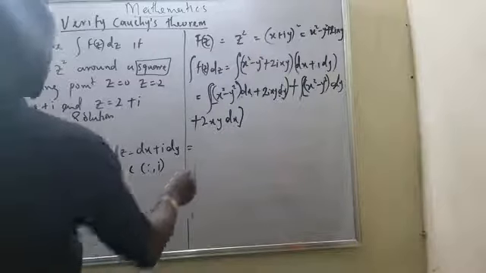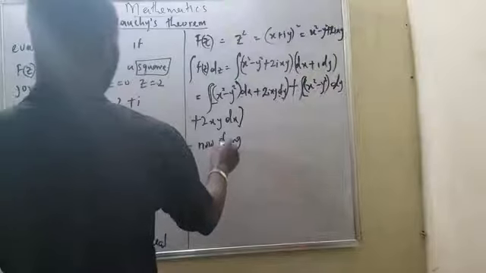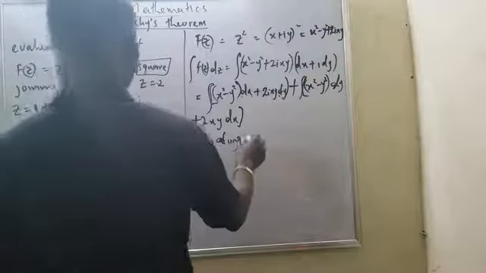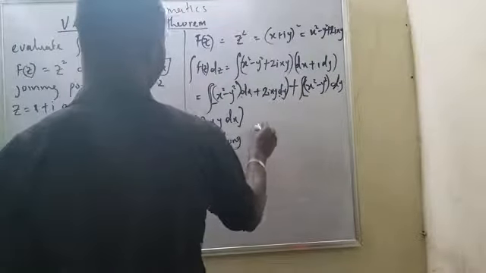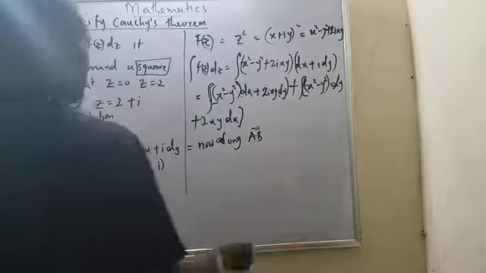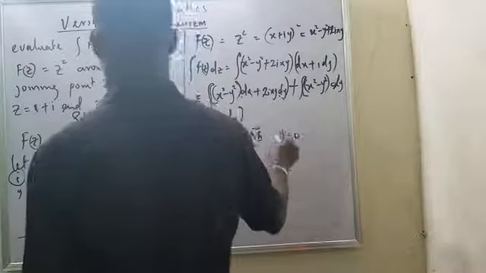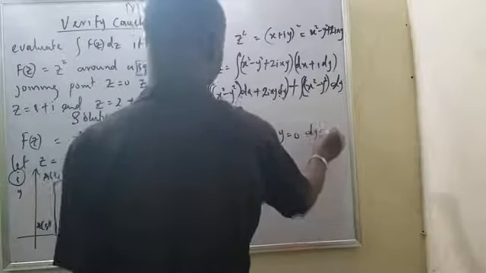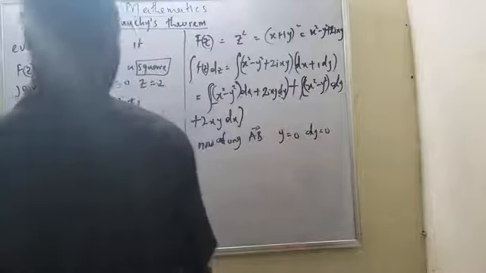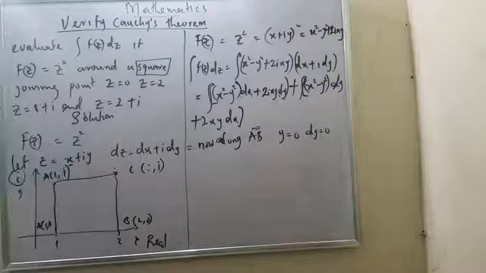Now you will move on to along AB. It means along AB, my y is equal to 0, and I'm moving on that part.